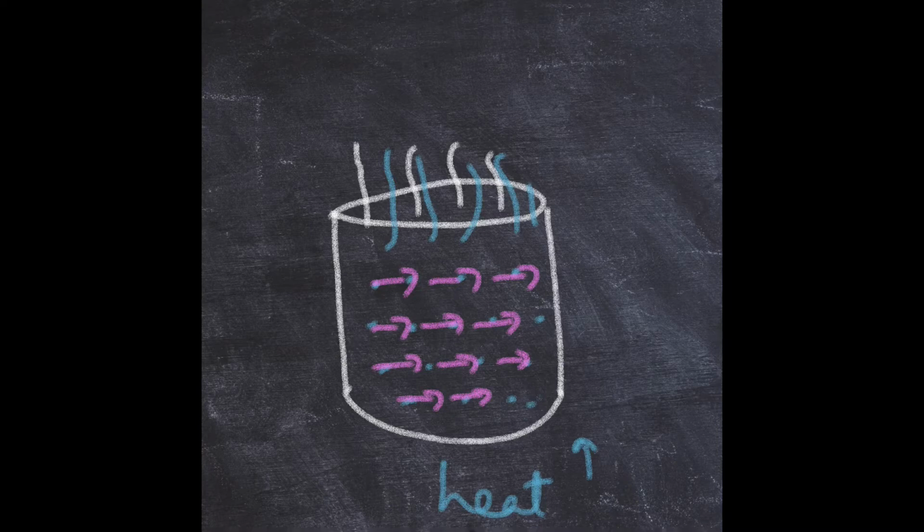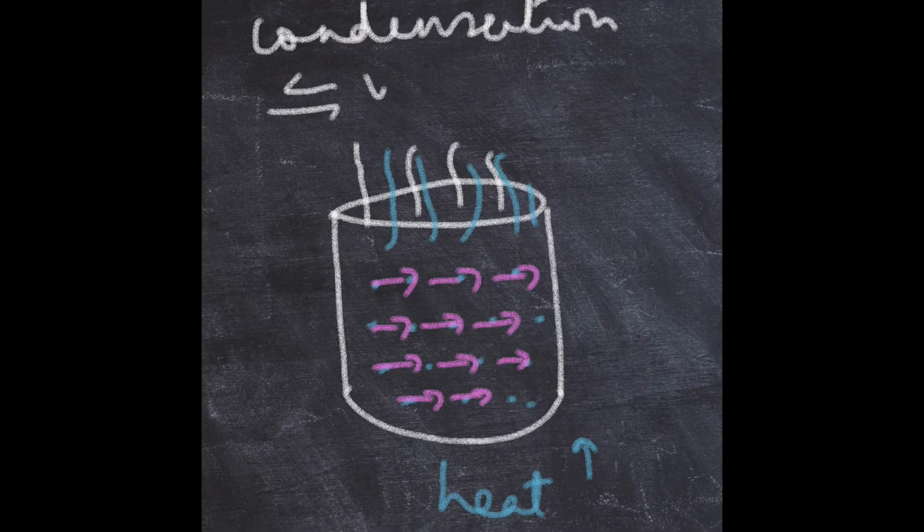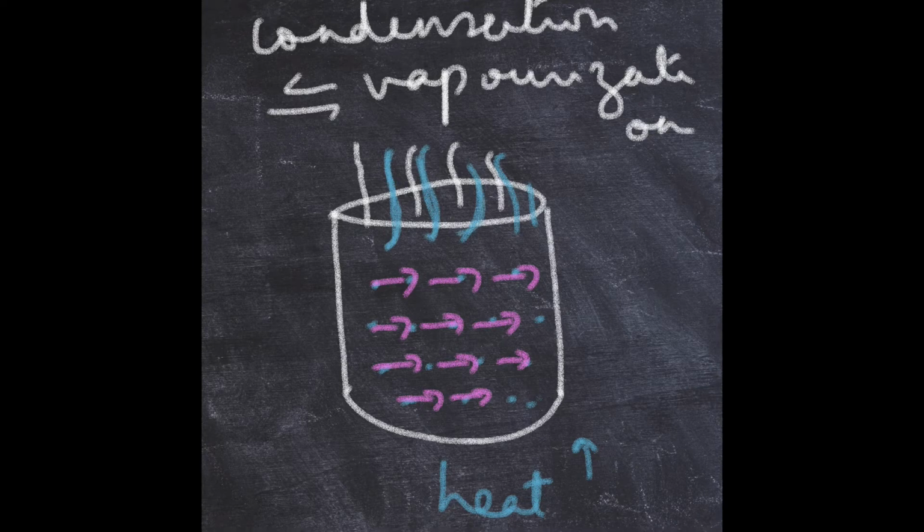A time will come when the rate of condensation will be equal to the rate of vaporization. Now, one thing that you have to understand is that the vapor which is on top of the liquid is exerting some pressure downwards.